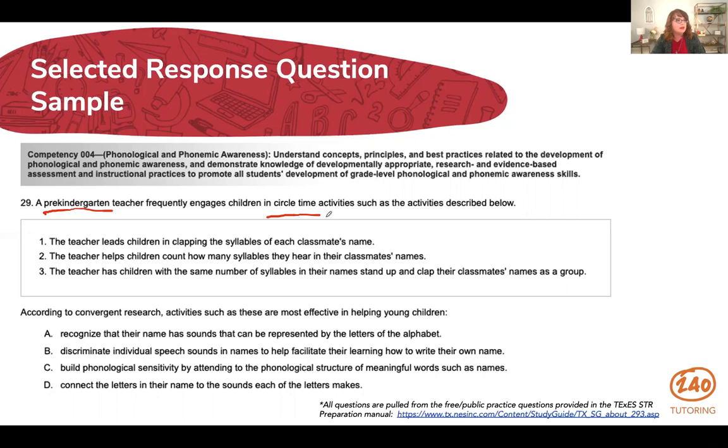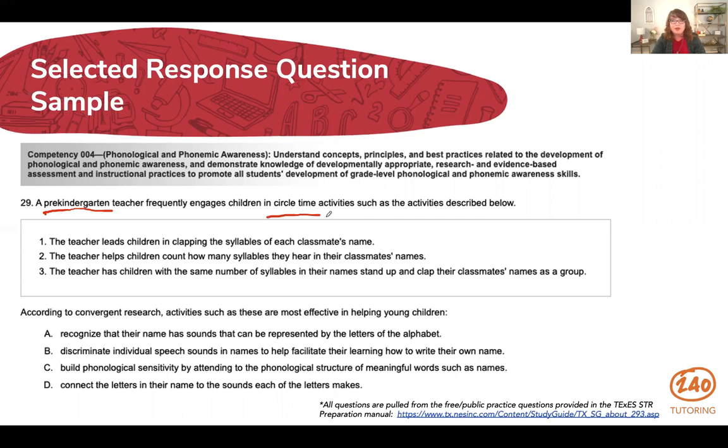Number 1, the teacher leads children in clapping the syllables of each classmate's name. Number 2, the teacher helps count how many syllables they hear in the classmates' names. 3, the teacher has children with the same number of syllables in their names stand up and clap their classmates' names as a group. According to convergent research, activities such as these are most effective in helping young children.